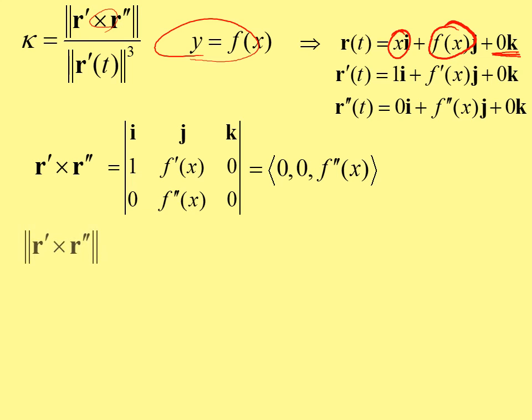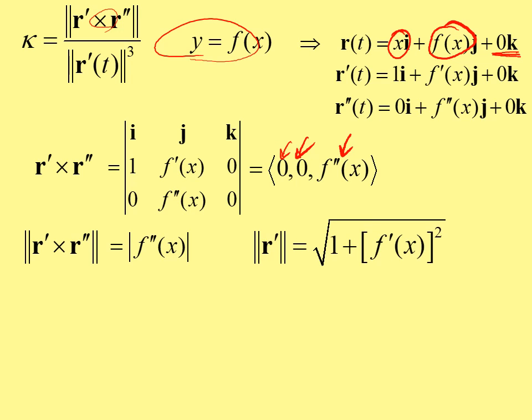And as you can see, the magnitude of that is going to be 0 squared plus 0 squared plus f double prime squared, all added up, and then the square root of that. And the square root of f double prime squared is the absolute value of f double prime, except we have to make it positive because square roots don't come out negative.